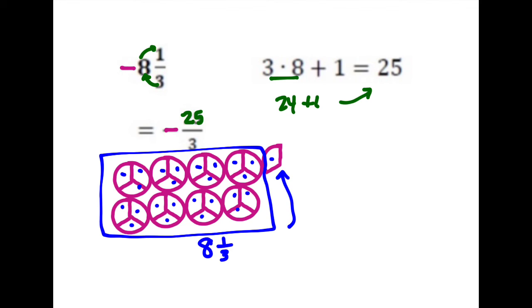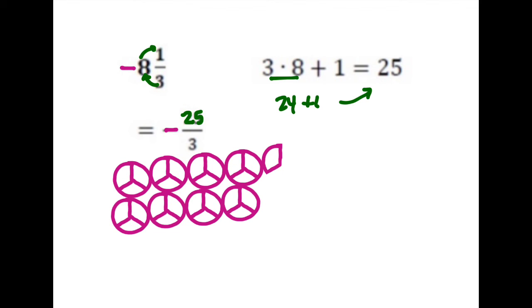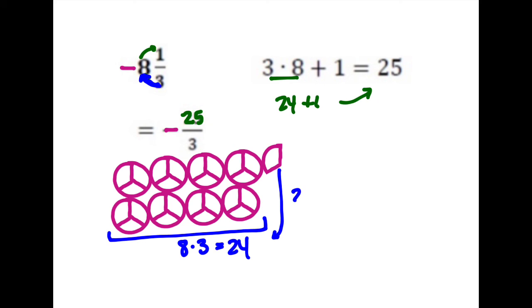But instead of counting them up like I just did, when we do this 3 times 8, that's this part, right? Because there are 8 of them, and they have 3 pieces in each one. So that's 24. And then we add this last one. So 24 add 1 is 25, and they are thirds. Okay, so that's what it means.